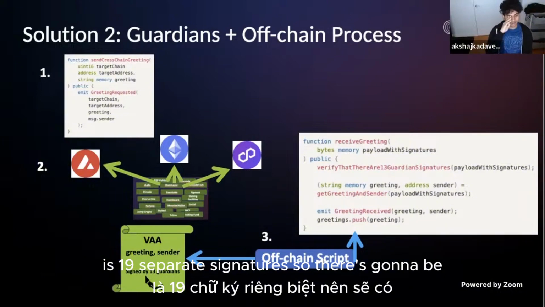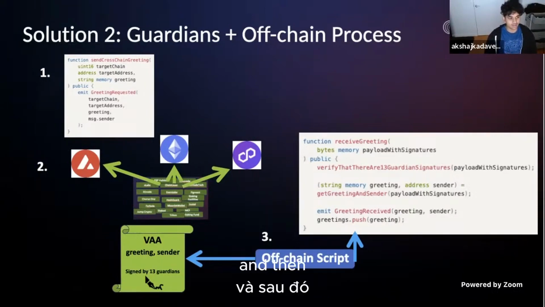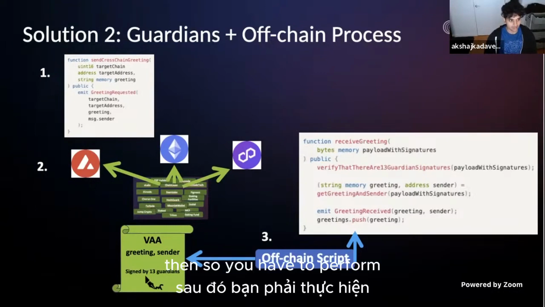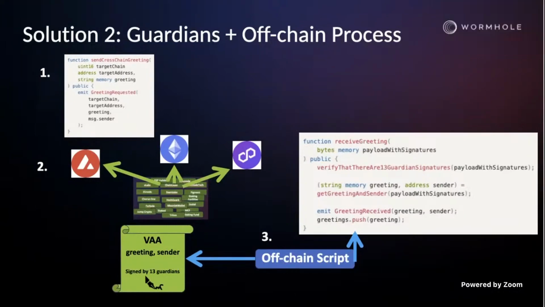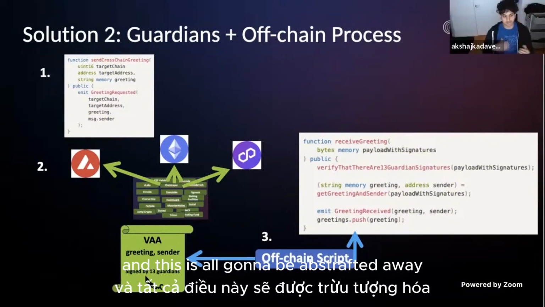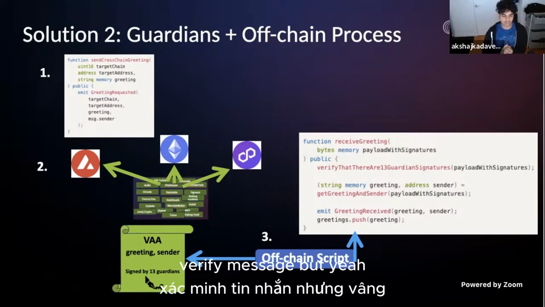So there's going to be 13 of 19 separate signatures. As long as there are 13 valid signatures out of the 19, then you have to perform 13 signature verifications on the target blockchain. And this is all going to be abstracted away in a nice little function, verify message. But yeah, that's the architecture.